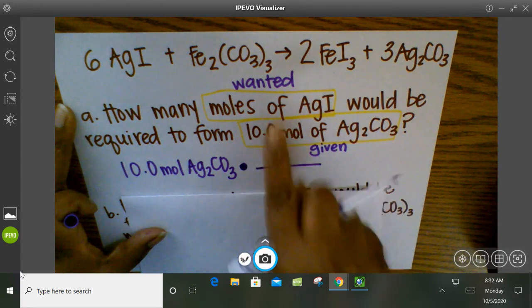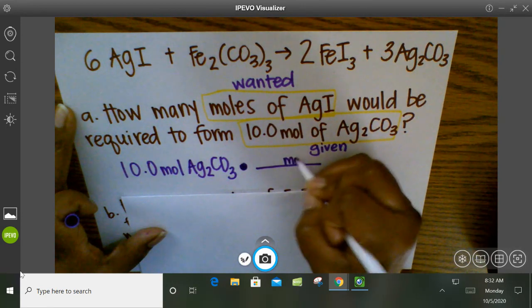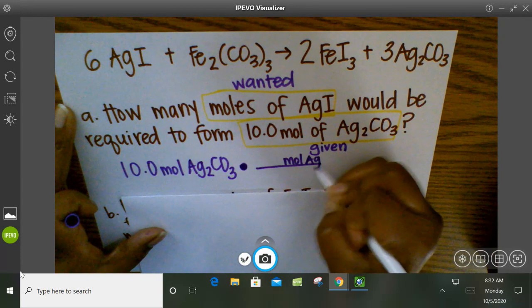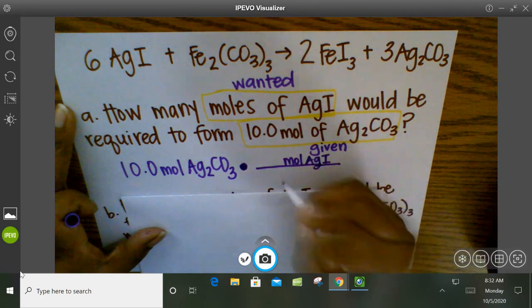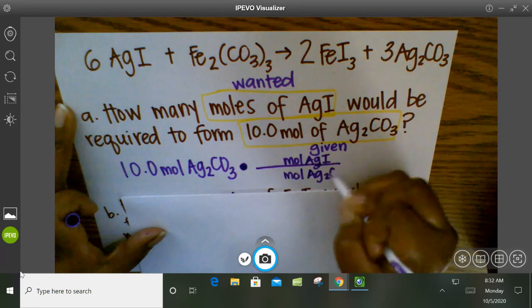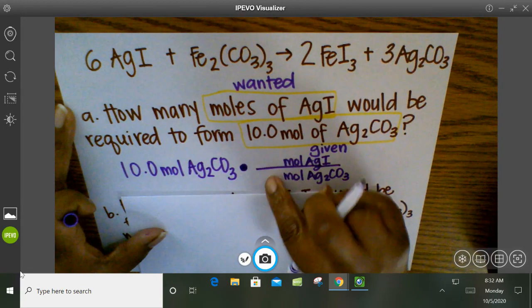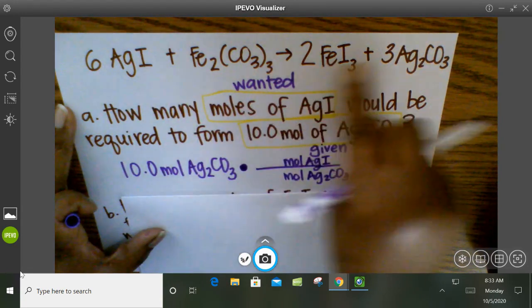I find my wanted, which is moles of AgI, and then I'm given Ag2CO3. The numbers come from the coefficients in your balanced equation.